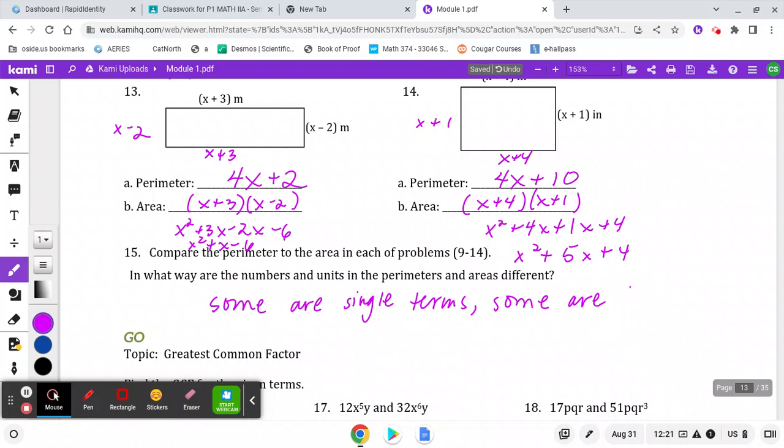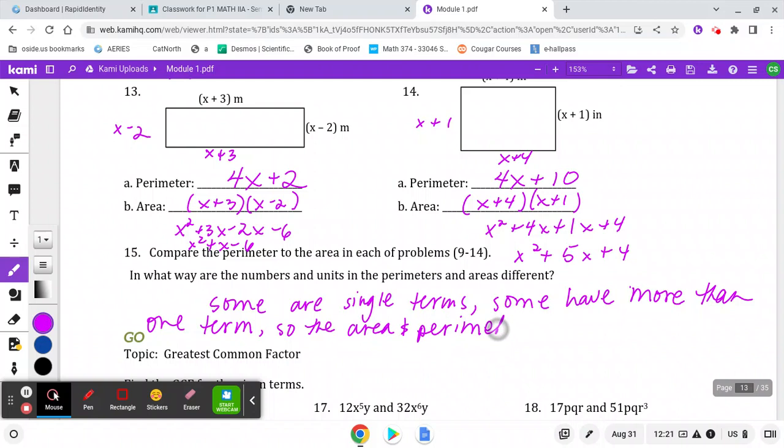Some have more than one. More than one term. So the areas and perimeters vary in the number of terms in the result.